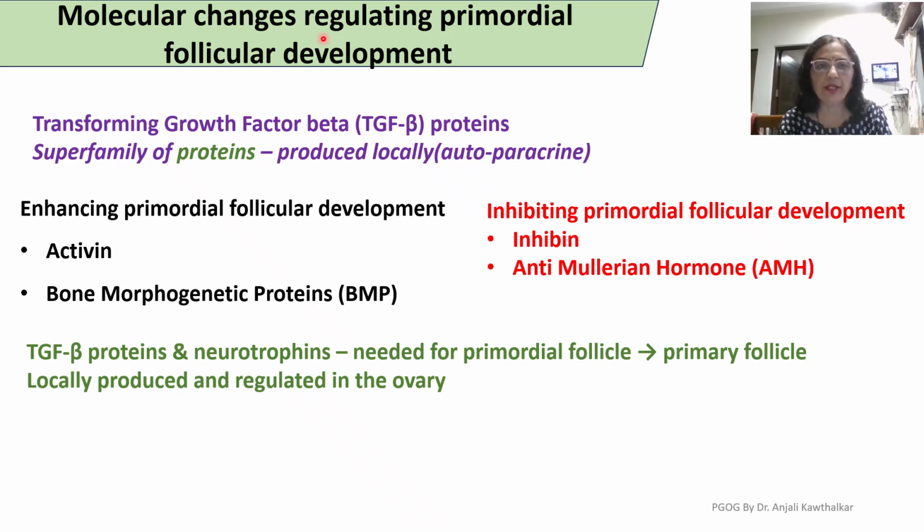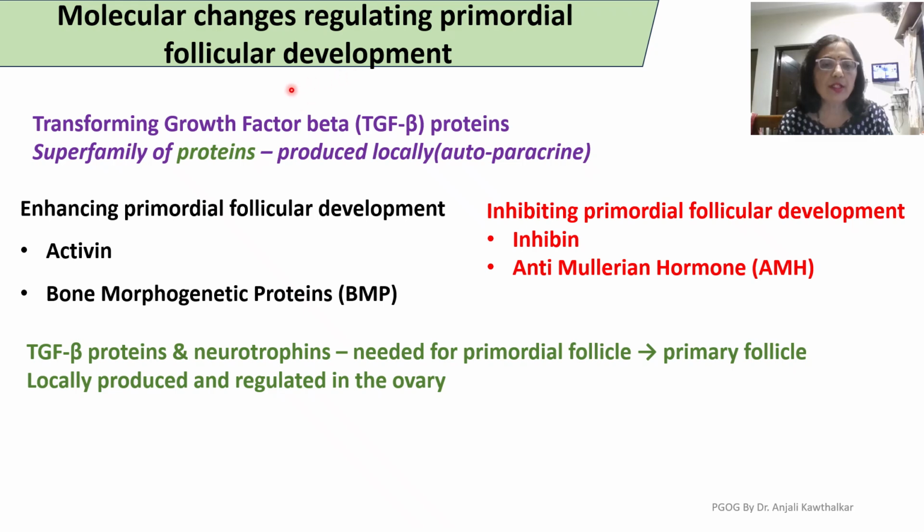Again and again, I am repeating it because it is the most important concept, and I will repeat it a number of times so it becomes clearer to you that the initial 70 days of follicular development is not under the influence of the hypothalamo pituitary ovarian axis. It is not dependent on follicular stimulating hormone. It is only the local molecular changes which are governing almost 70 days of follicular development.